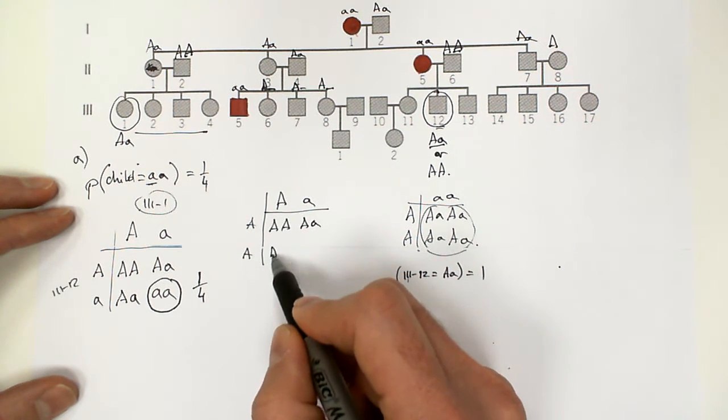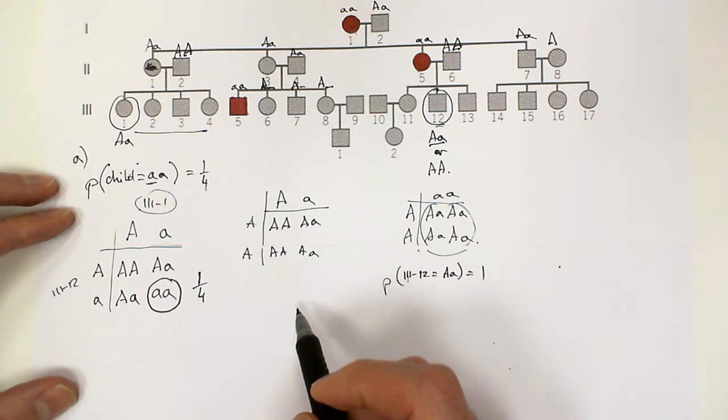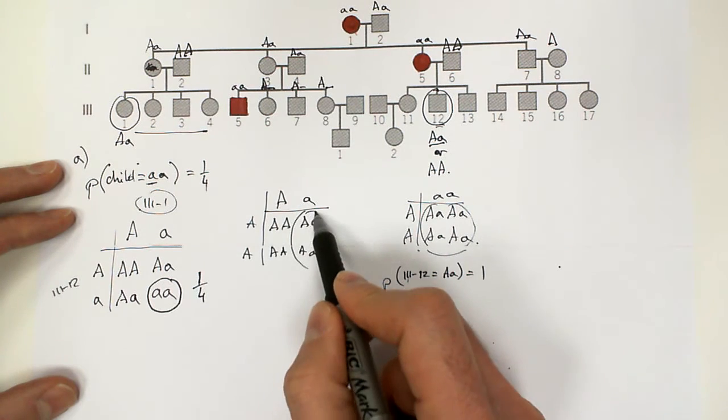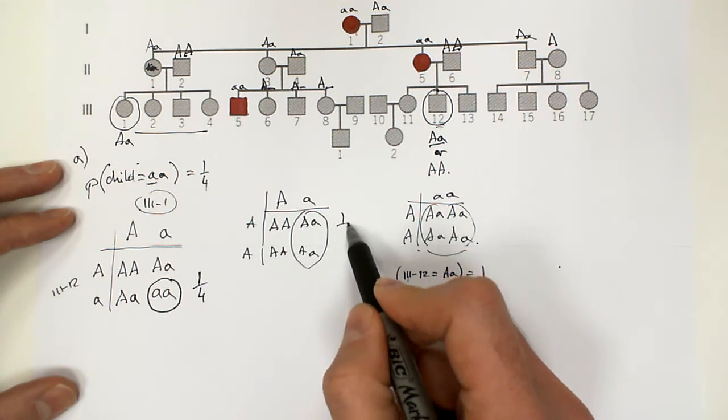They're either big A, big A or big A, little a. Okay? So the possibility of them being little a is 1/2.